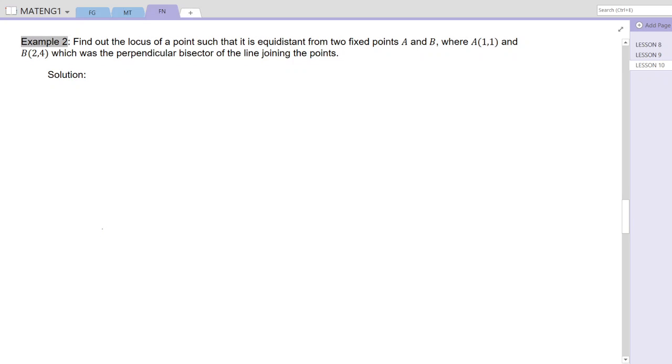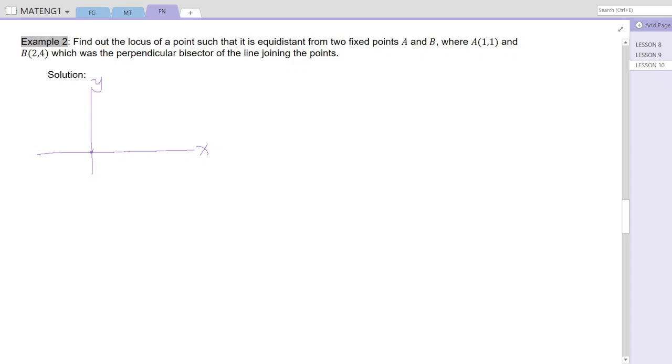It says there are fixed points A and B. If we plot that in the rectangular coordinate system, this will be the x-axis, or the abscissa, and the y-axis is the ordinate. The origin is at (0, 0).